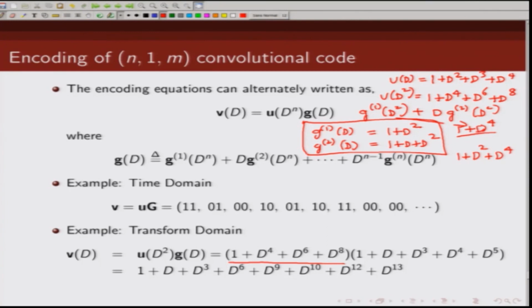Now, what is our overall g(D)? This is given by g1(D square) plus D times g2(D square). So g1(D square) is 1 plus D 4, plus D times this.